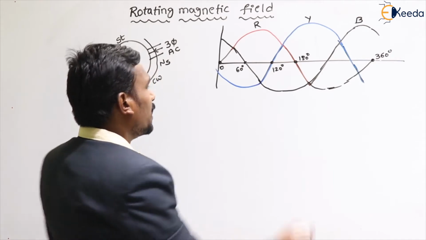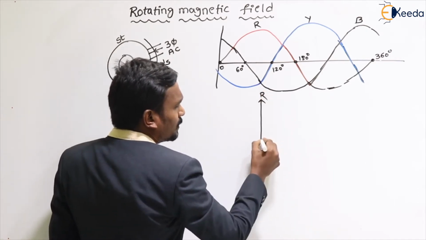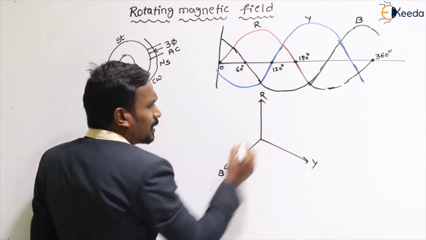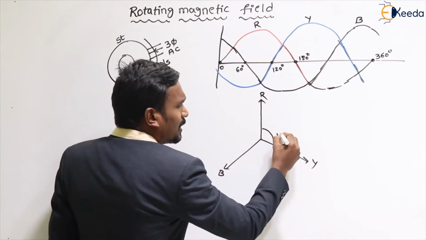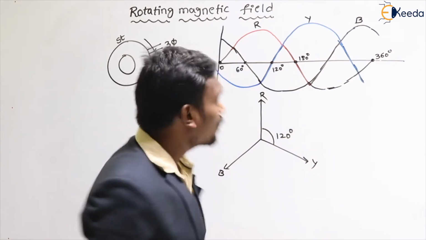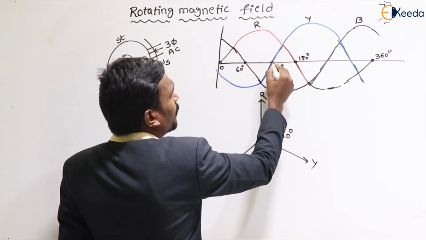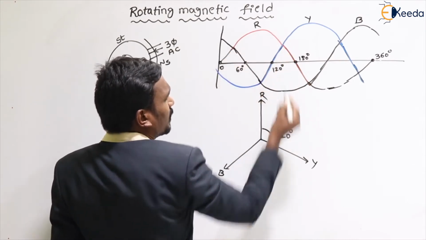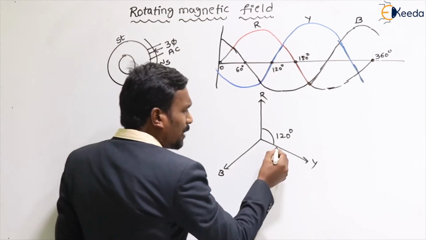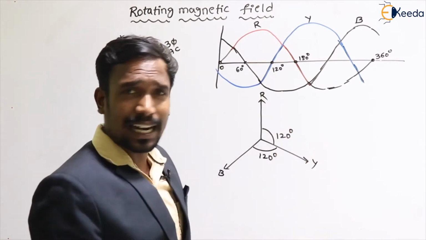Because in a three-phase supply, the R phase and Y phase are displaced by 120 degrees, yes or no? See here, my R phase started here, but Y phase started here. How much is the distance? 120 degrees. And of course, the Y phase and B phase are also displaced by 120 degrees, right?